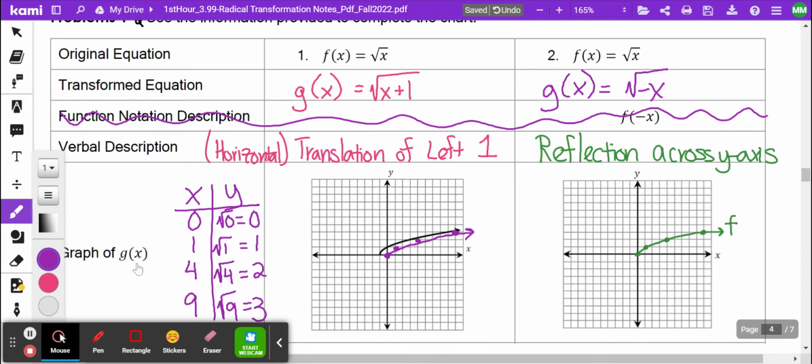And so G would just be flipped across the y-axis. So it's still going to start at that same place, but it would then be right here. And then it would be at negative 4, 2, and so on. So this one is G.